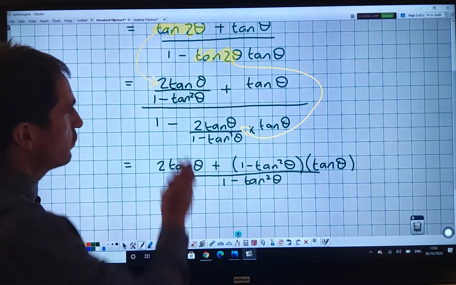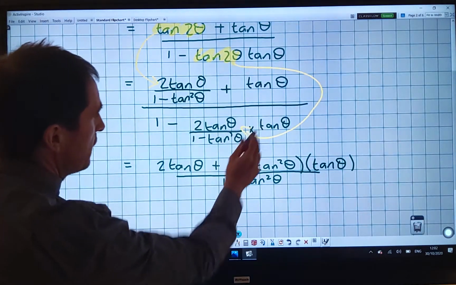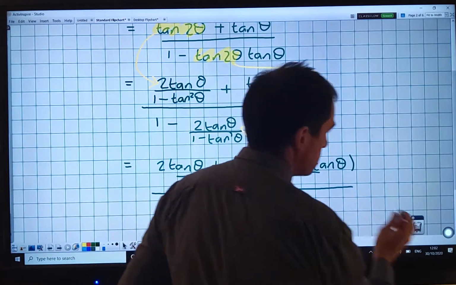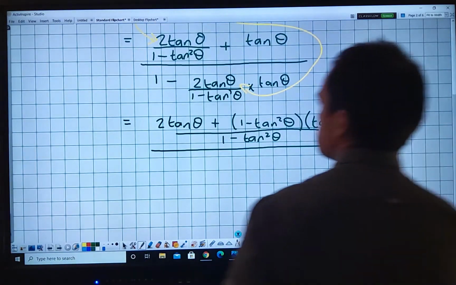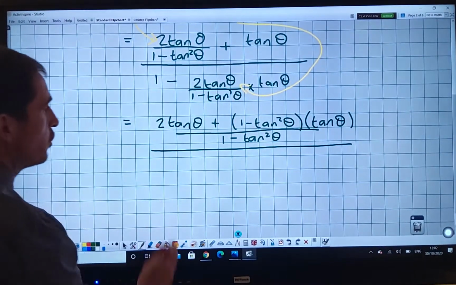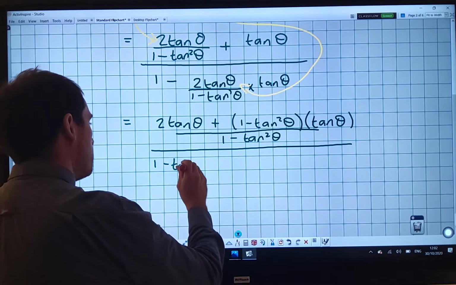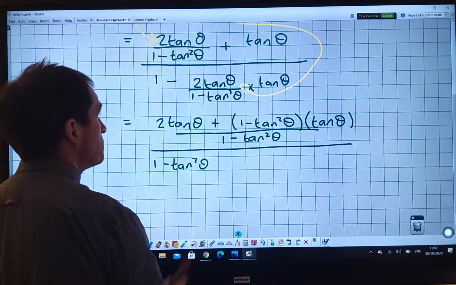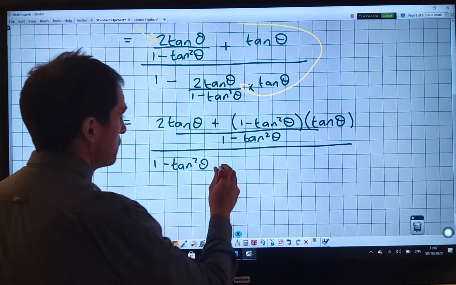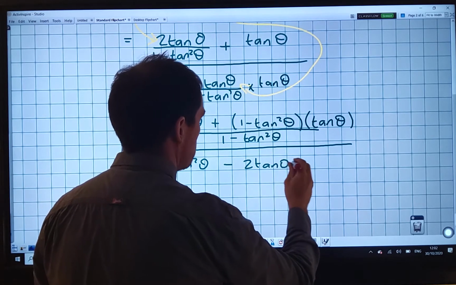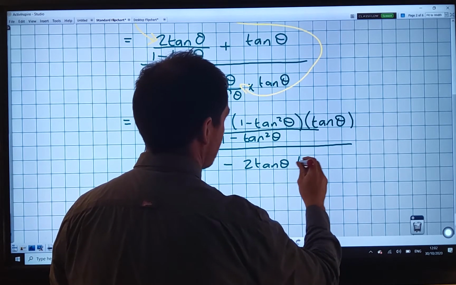That's that section done. Okay, now I have to do the same for this here. So that's going to be all over, let's go down a little bit more. So 1 times 1 minus tan squared theta is 1 minus tan squared theta. And then what I'm going to have is minus 2 tan theta times tan theta.